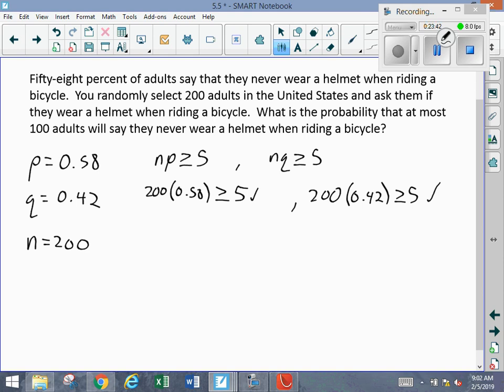Once we've done that, let's go ahead and calculate our mean, which is N times P, which is going to be 200 times 0.58, which is 116.